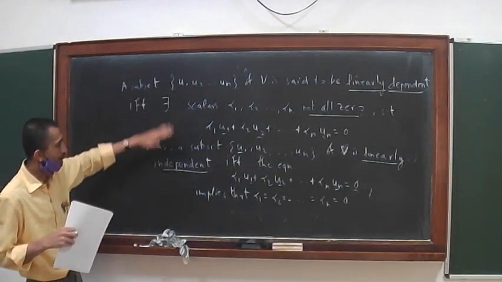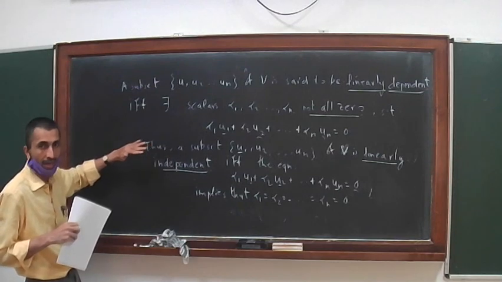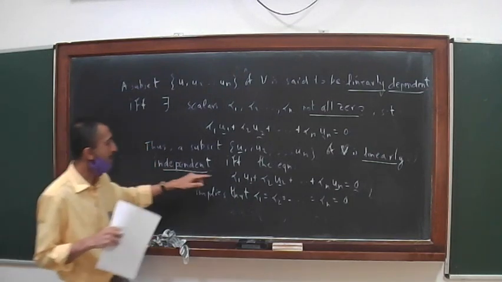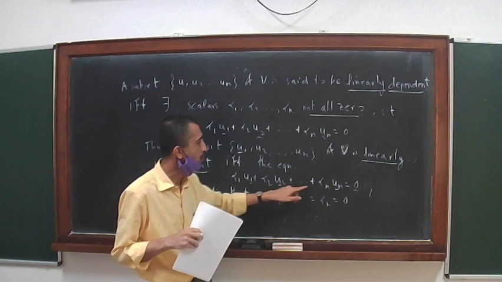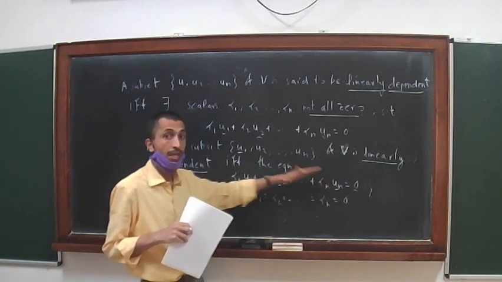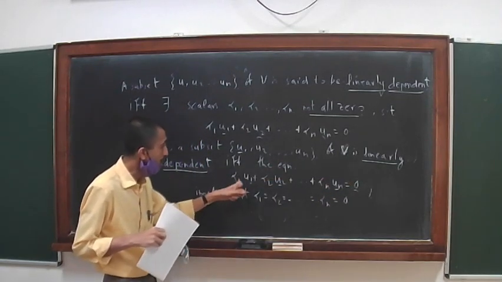So from the definition of dependence we get the definition for a linearly independent set: this equation implies that each of these constants is 0.